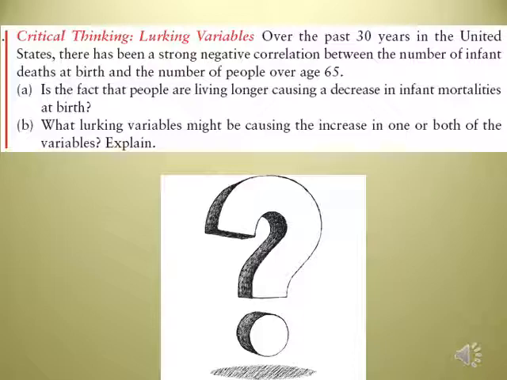Well, the idea here is that we have better medicine in general, and what that's doing is causing people to live longer, and it's also causing fewer babies to die. And so, as our medicine improves, you have changes in both of those things, but the fact that there's more old people doesn't mean that there's going to be fewer babies dying.